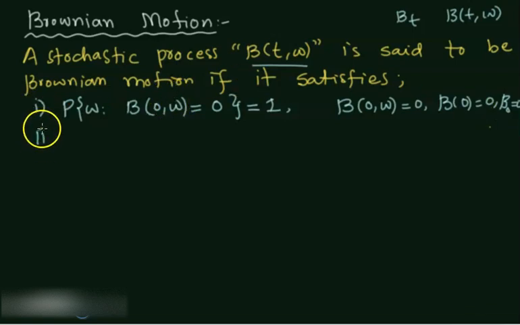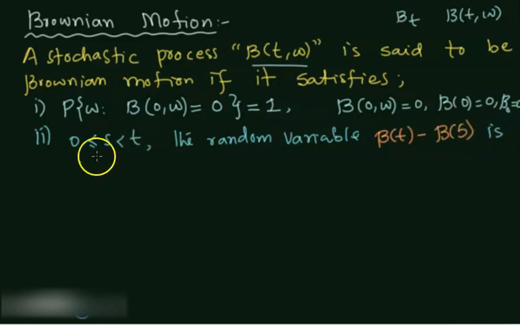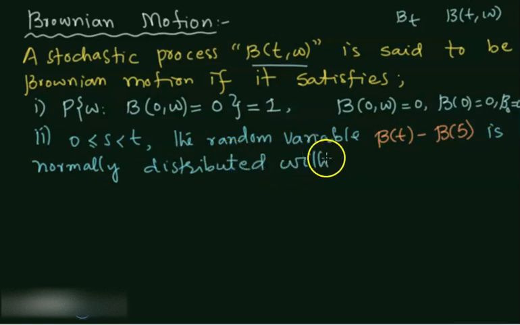What's the second condition? The second condition says that for any time interval, or any two time values s and t, s less than t, the random variable beta of t minus beta of s is normally distributed with mean 0.